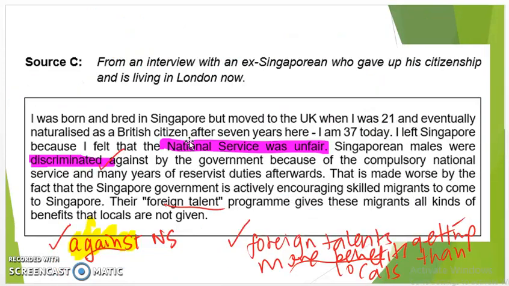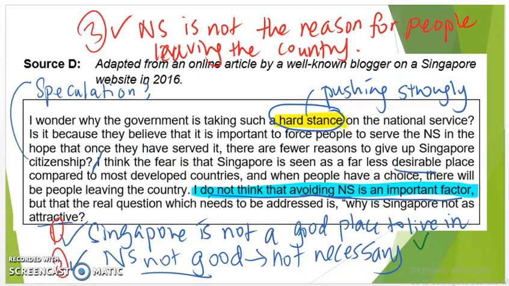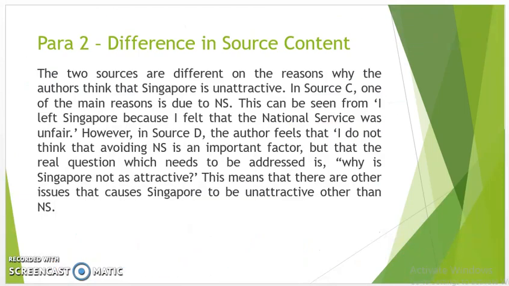But if you look at this source, this guy actually gave up his citizenship and is living in London now. And why? Because he felt that NS was unfair. NS was the reason why he gave up his citizenship. So this is the main difference between source C and source D.